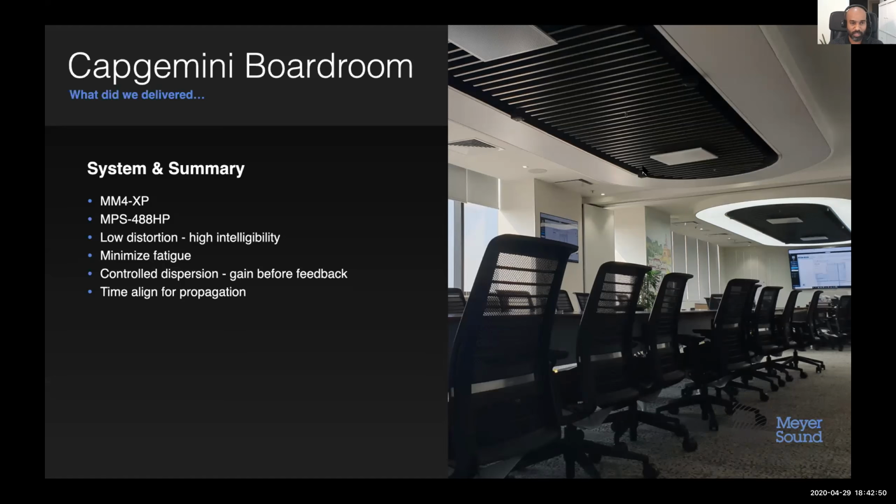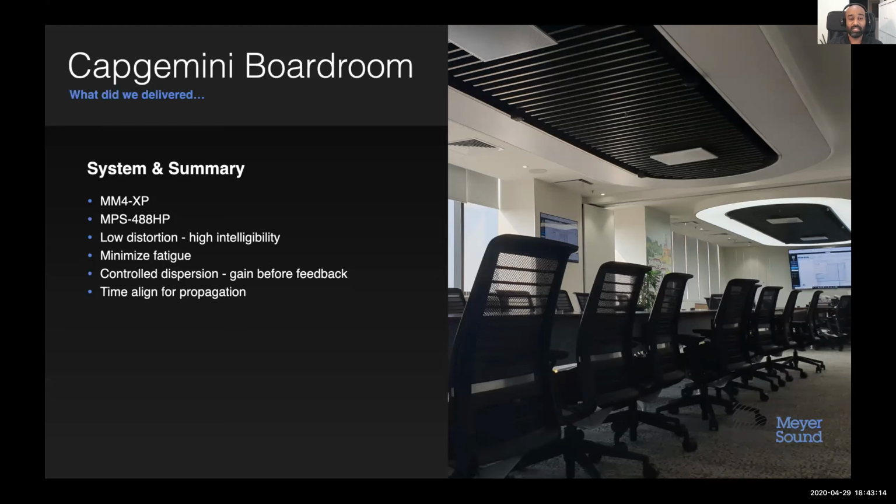And the controlled dispersion, like I said earlier, was important because what you see in the room, the white tiles, are actually their microphones. They use seating area microphones. And you would notice that a talker is equidistant from the loudspeaker and the mic, which makes things difficult when you're trying to get good gain before feedback.